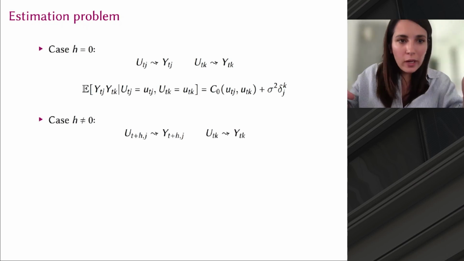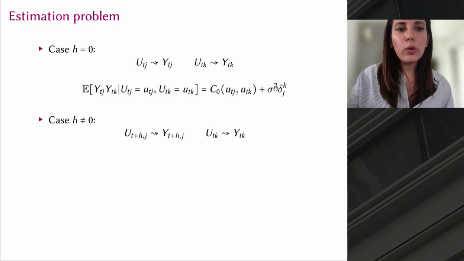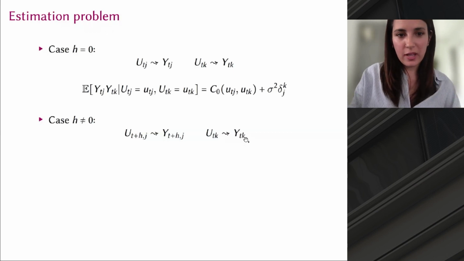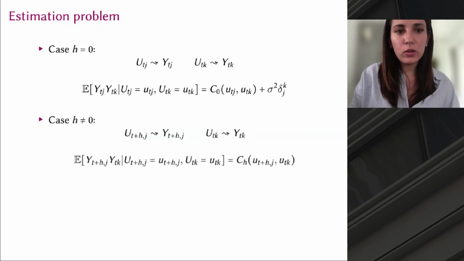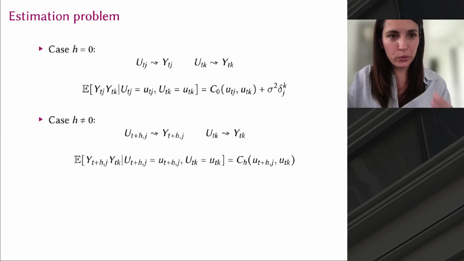We take one location for one function, one location for the other function, and we look at their respective observations, Y_{t+h,j} and Y_tk. And then we do the same as before. We compute the conditional expected value, and we can see that this expected value of the product is exactly the covariance function at lag h computed at the two locations.